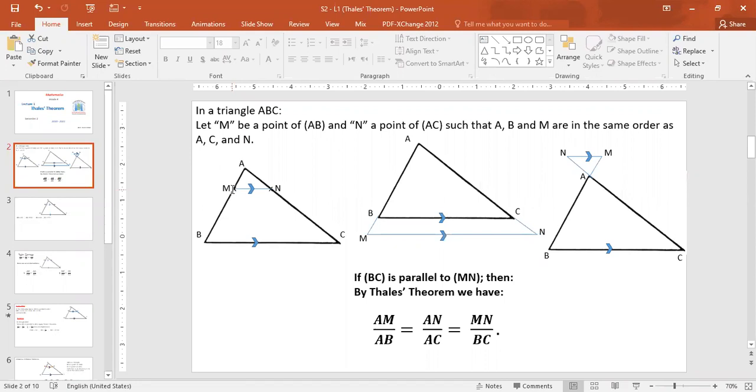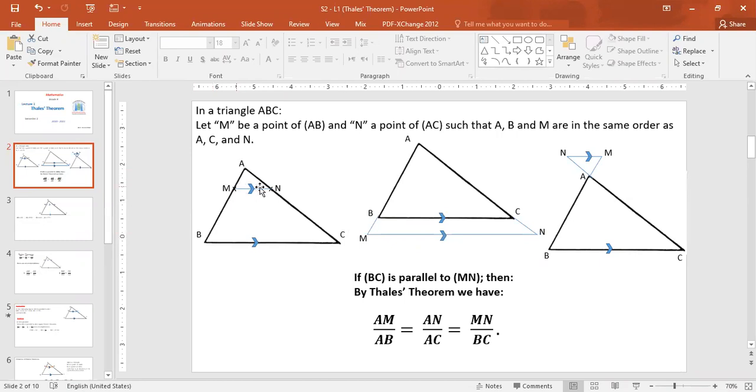So if we have, Mariam, the line MN and the line BC parallel to each other, which vertex is opposite to these 2 lines, Mariam? A, right? Yeah, it's vertex A. So now, if I wanted to apply Thales theorem in this figure, I can apply it.